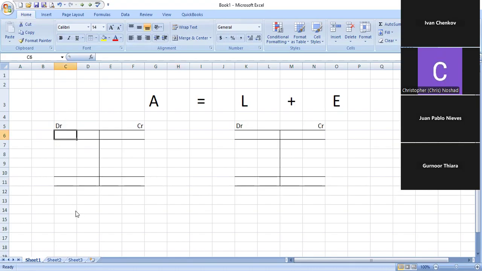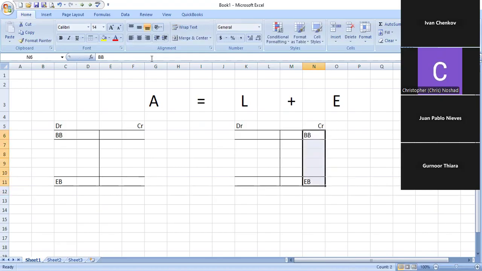So the beginning balance will be here, and the ending balance will be on the left side. And once we move to the right side of the equation, that's going to affect our balances. So in that case, the beginning balance is going to be on the left side, and the ending balance is going to be on the right side.